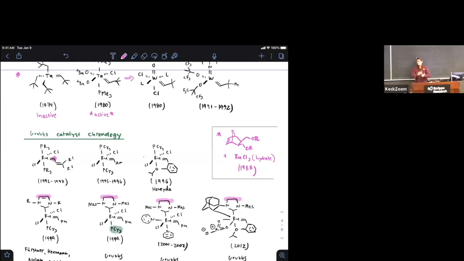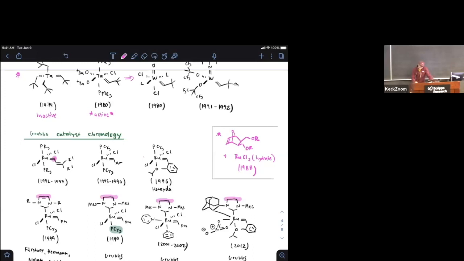They thought after ROMPing this, it would make some helical structure with the oxygen atoms pointed in the middle, and this could form ion conducting channels. Very wild idea for the 1980s. And it turns out most of the catalysts at that time, the moly and tungsten catalysts, did not ROMP oxanorbornadiene. And they made this hypothesis that the reason was the Lewis basic oxygen intolerance of these early transition metal catalysts.